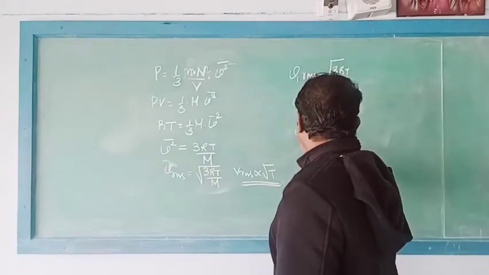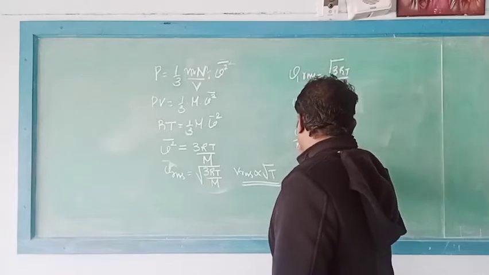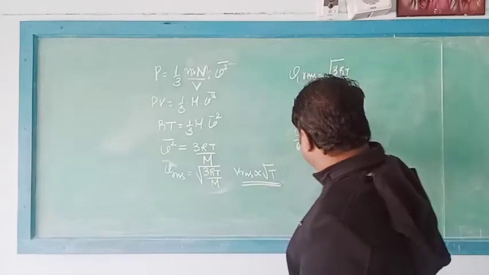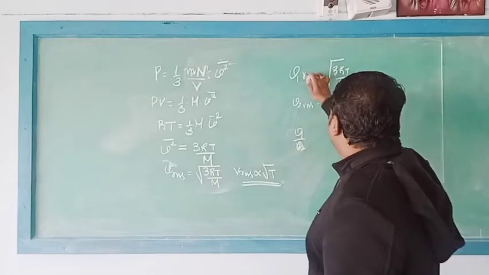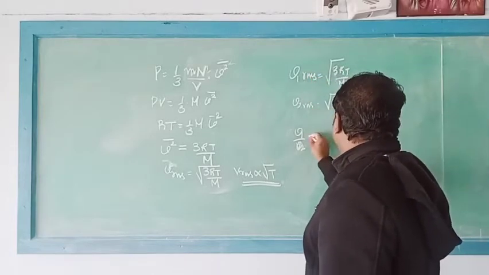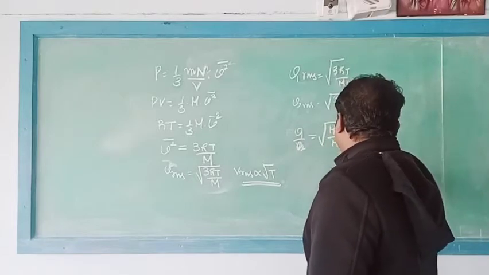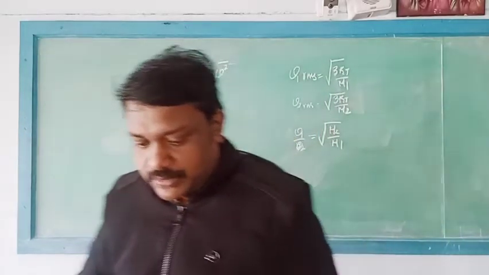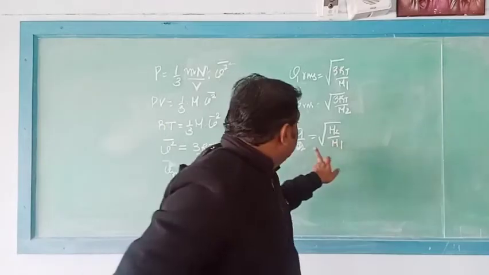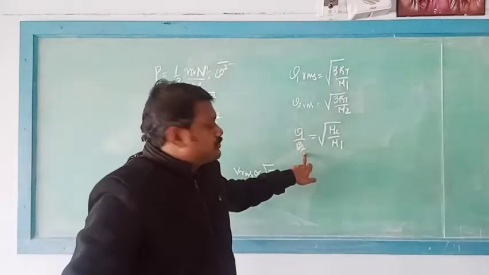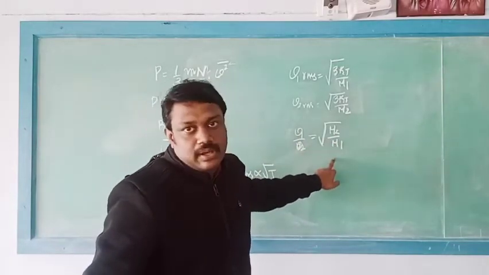When you take V1 divided by V2, it will be root of M2 divided by M1. So that is the relation between RMS velocity and molecular mass.